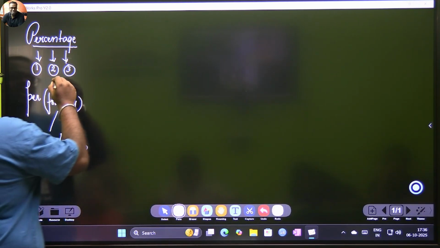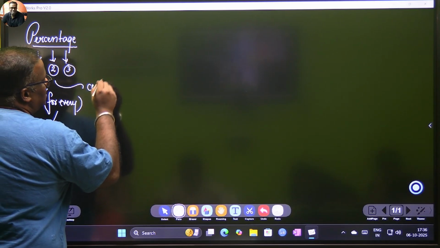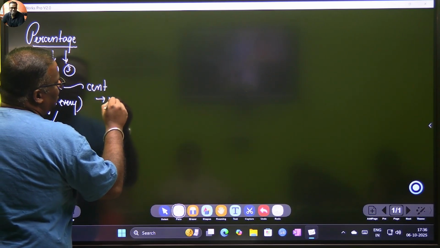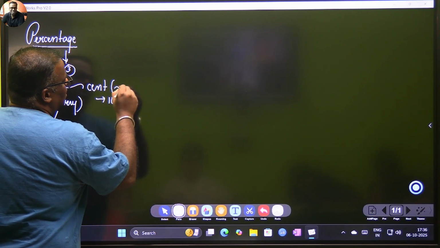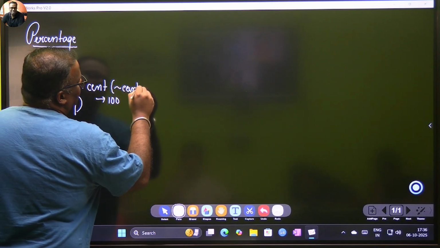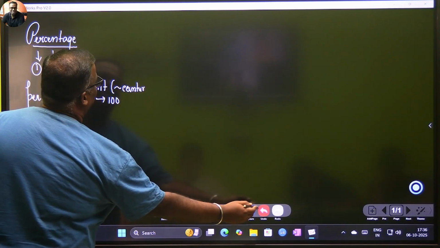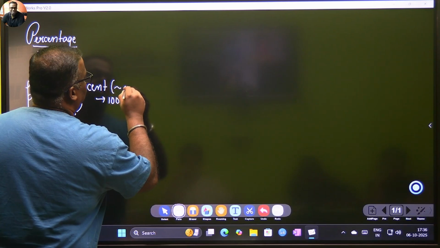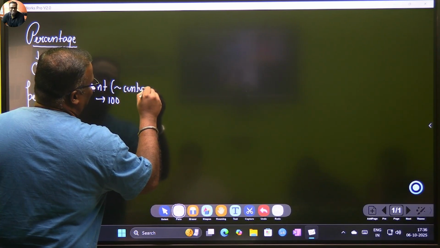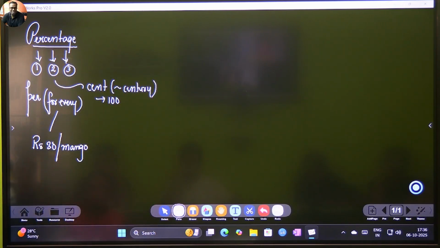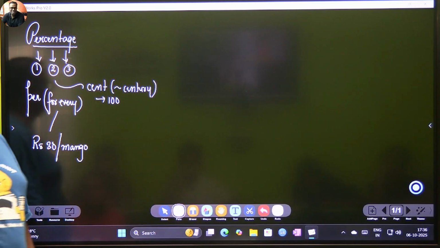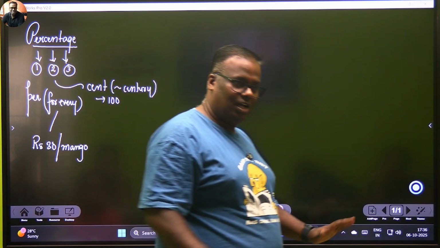Then the next word is cent. Cent means 100, century. Cent means century. This is what your school will not tell you before making you do problems. 100 cents make it $1. Understood?